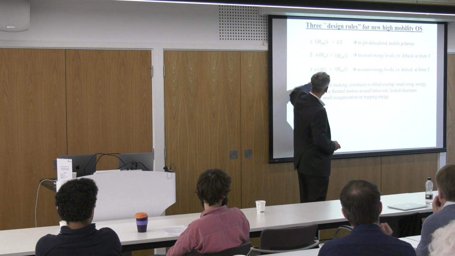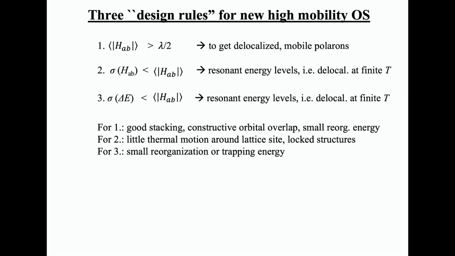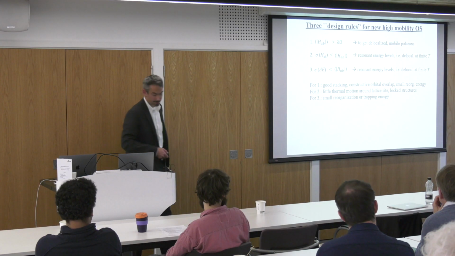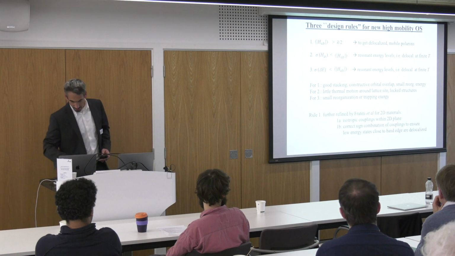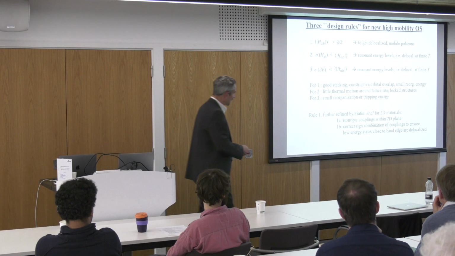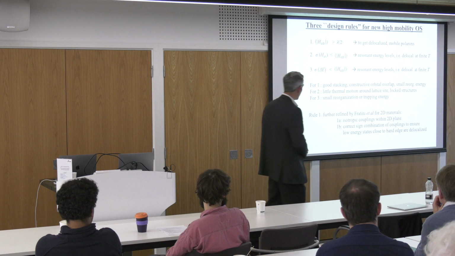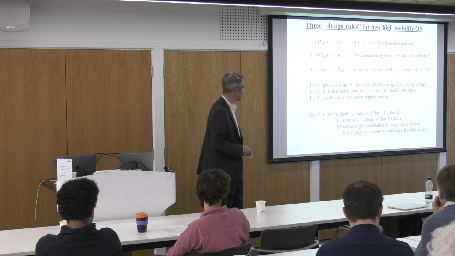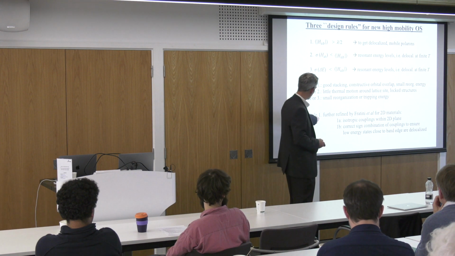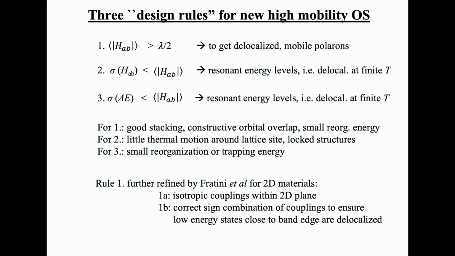And how can I achieve this? For one, you obviously need good stacking, constructive orbital overlap, and small reorganization energy. For two, little thermal motion around the lattice site, locked structures. And for three, since these fluctuations are proportional to the reorganization energy, the reorganization energy should be small. Now, Fratini in his paper has additional rules, which I would say are modifications of Rule 1, so he refined these.